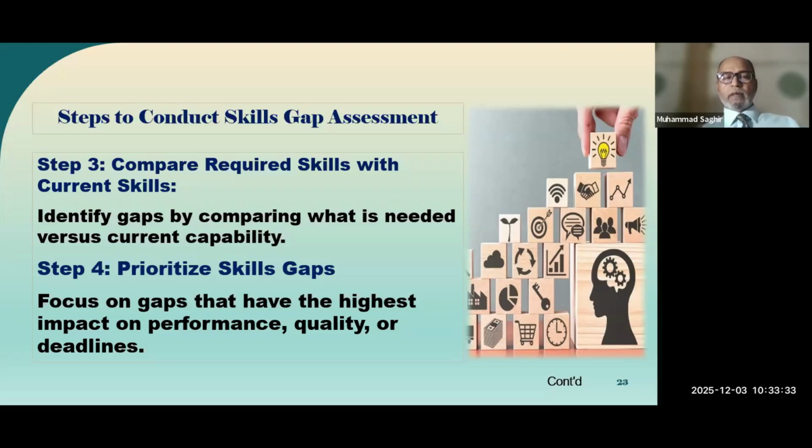So that you identify different areas for the improvement of staff performance, and it helps you to prioritize which skills are important so that the staff must be trained in that area.